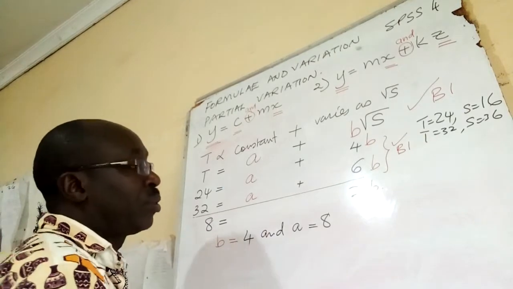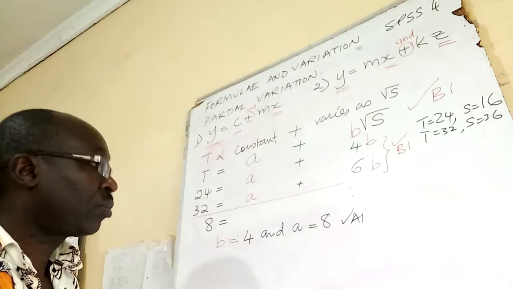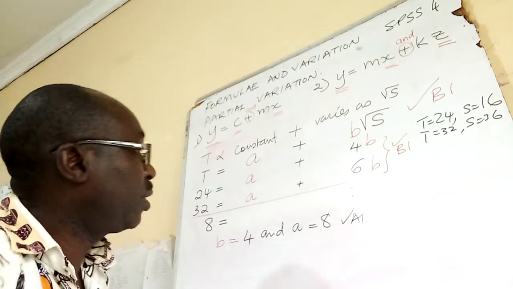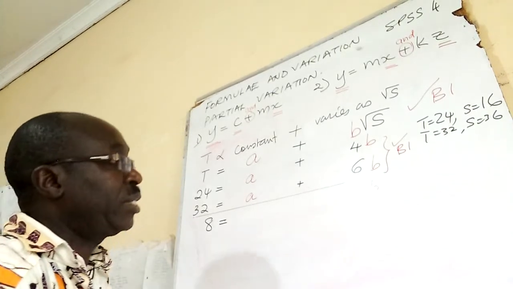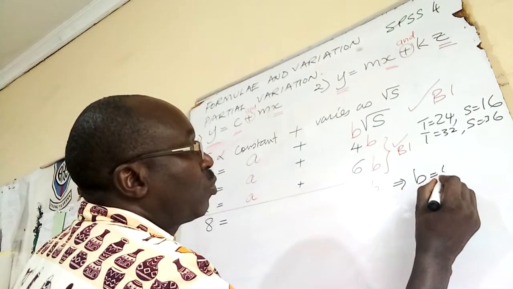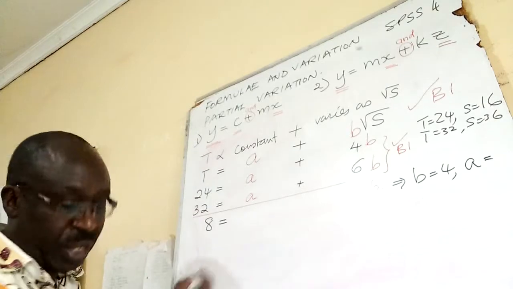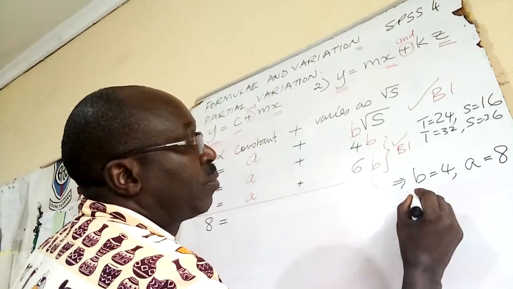There. So we can have that. That's the work that you have. This implies B is equal to 4 and A is equal to 8.